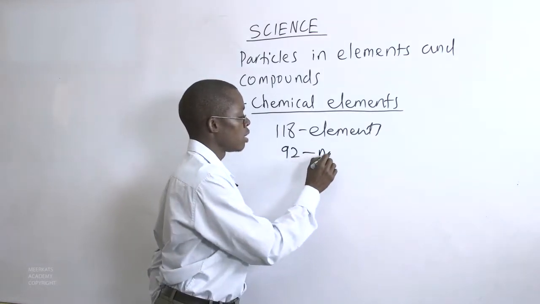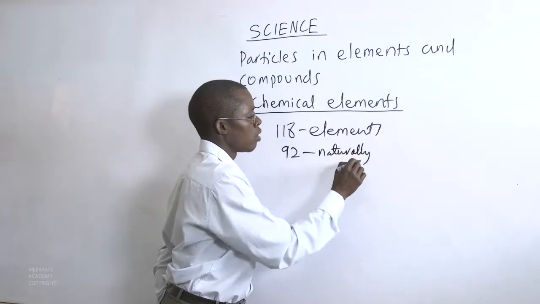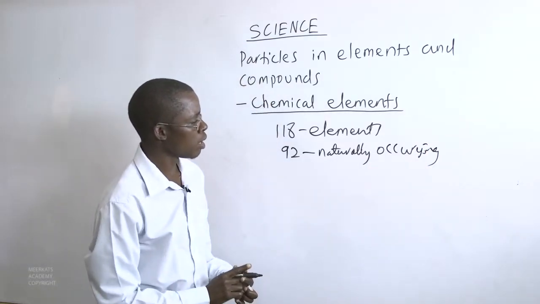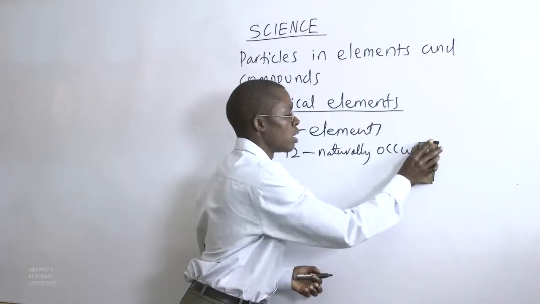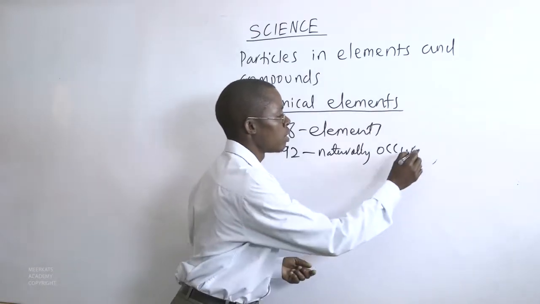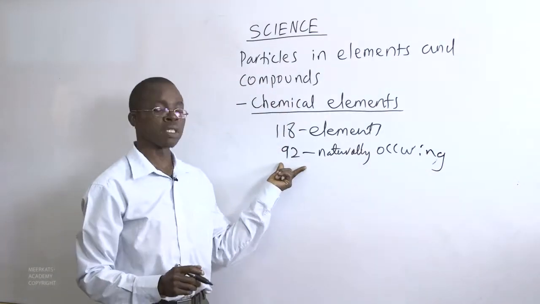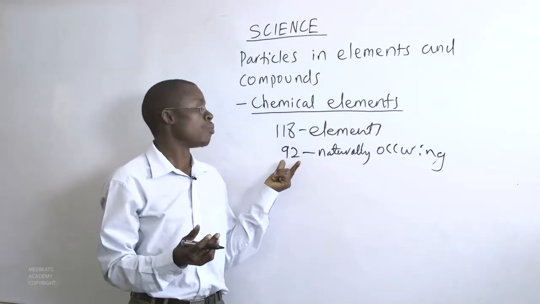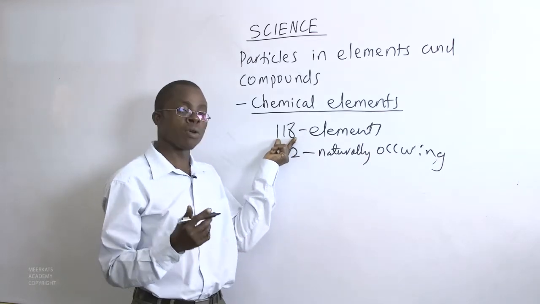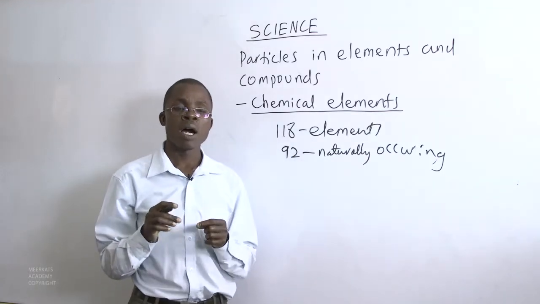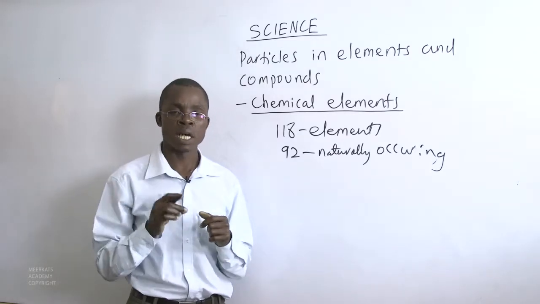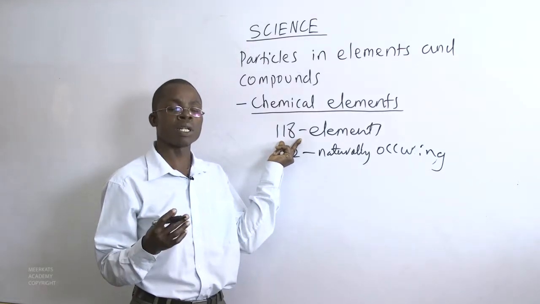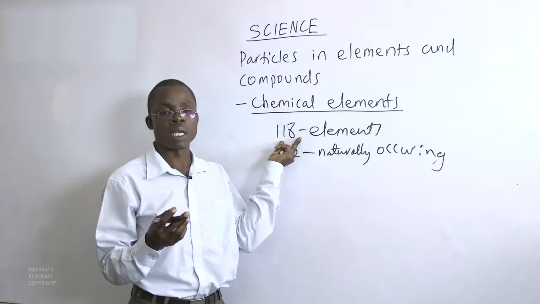So these ones are naturally occurring. These are the ones you can get at any single moment you are looking for. But out of the 118, we also have others that occur at very limited times, and they mostly occur when we have things like radioactive decay.